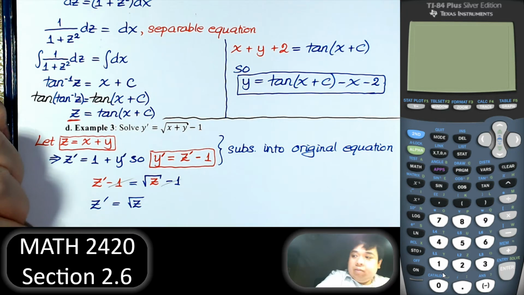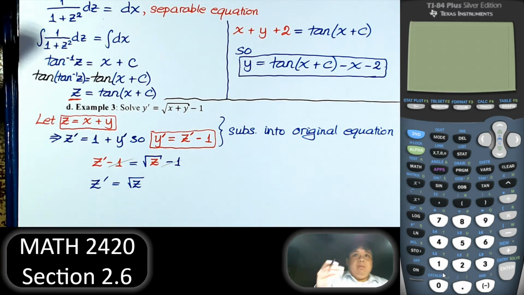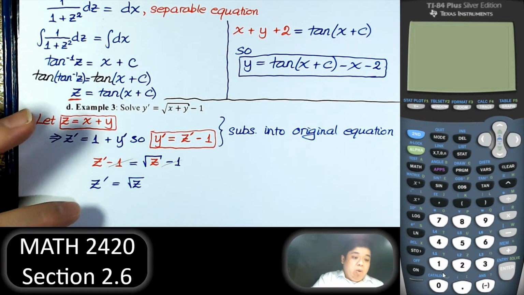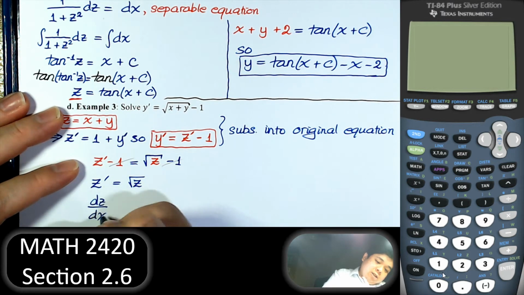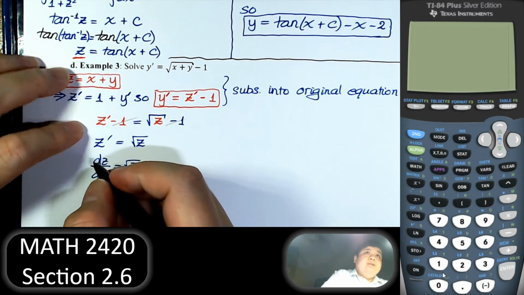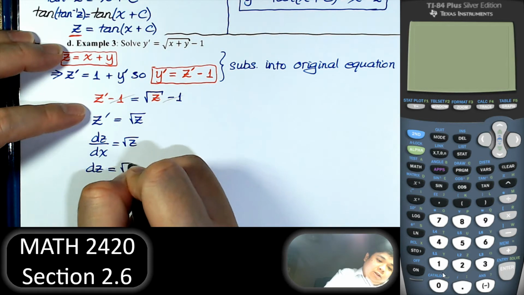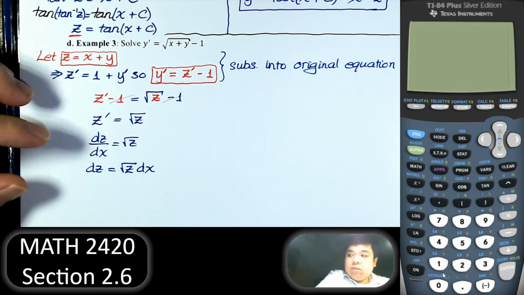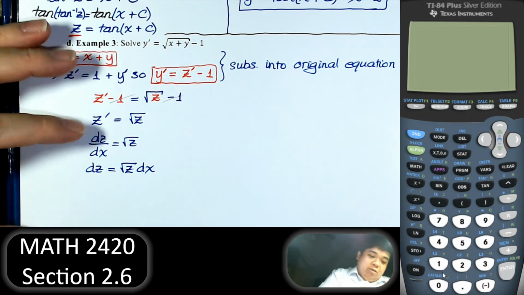Right. Now, z prime, like I said, when we do the substitution, it should turn into a separable equation. So we write z prime as dz over dx. Move the dx, and then move the square root of z down.